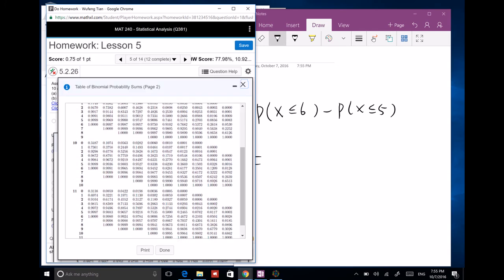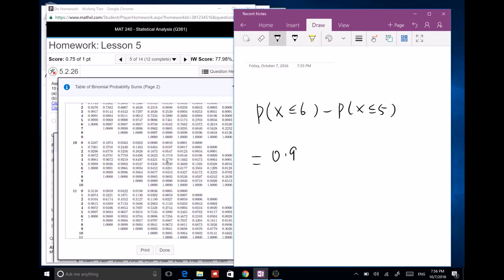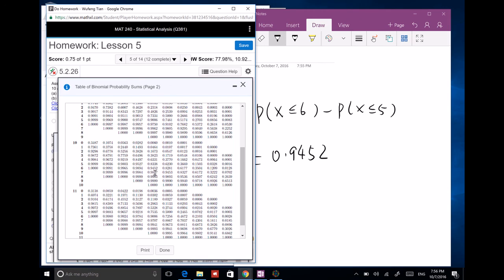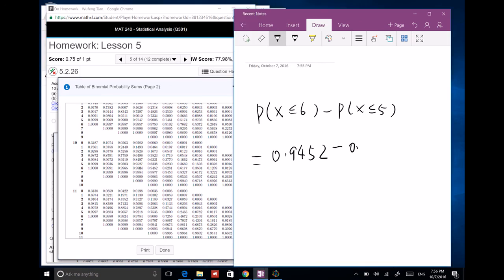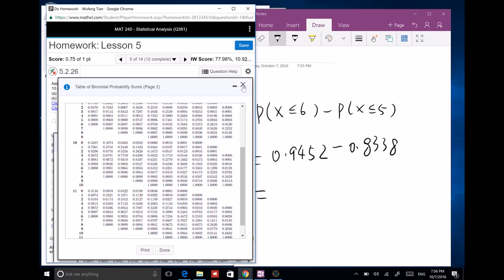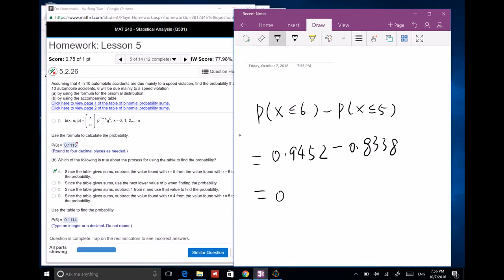This line, 0, 1, 2, 3, 4. So it's 10 to 4, and go to 6. So it's 0.9452. Then minus 5. When x equals 5 is 0.8338. You subtract those two, it's going to be 0.1114. Okay, that's number 5.